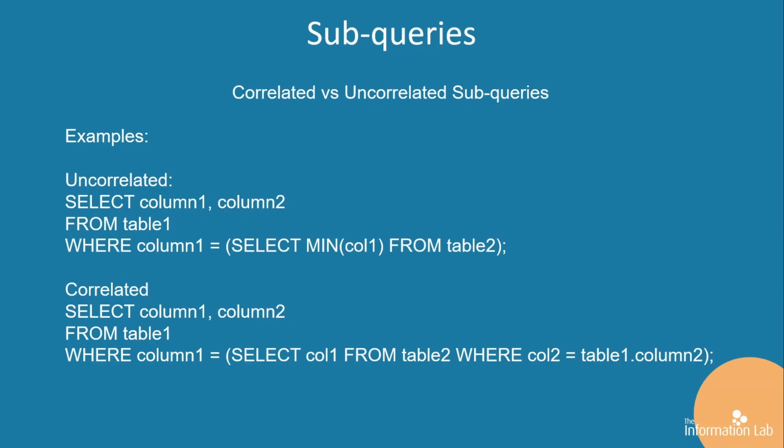Correlated subqueries, on the other hand, do depend on the outer query, which means a different calculation needs to be performed for every row of data in the result, meaning that this can take quite a long time, and so uncorrelated subqueries are much more performant than correlated subqueries. Obviously, sometimes it can't be helped, you do need to use a correlated subquery, but if you can help it, then an uncorrelated subquery will drive much better performance benefits than a correlated subquery.